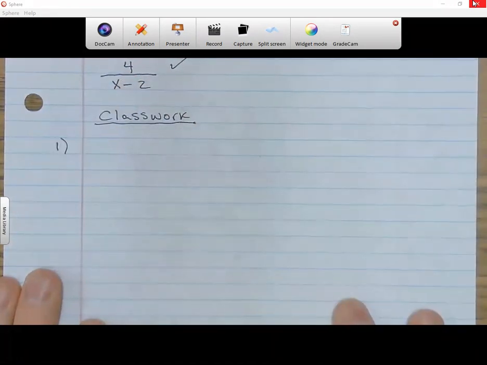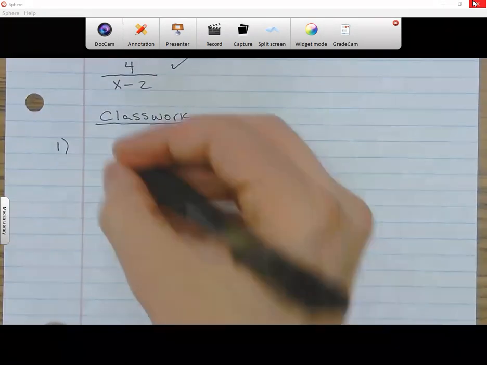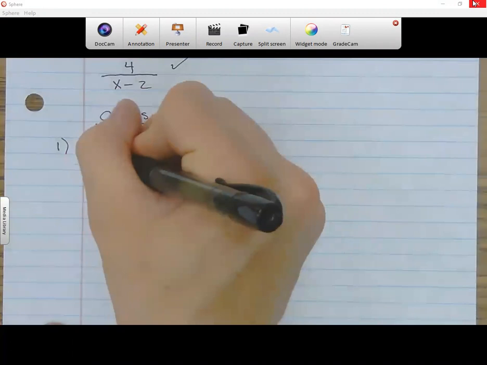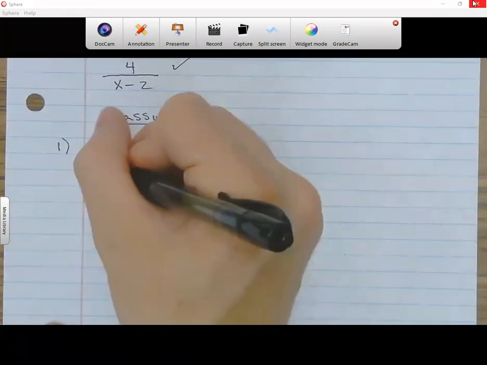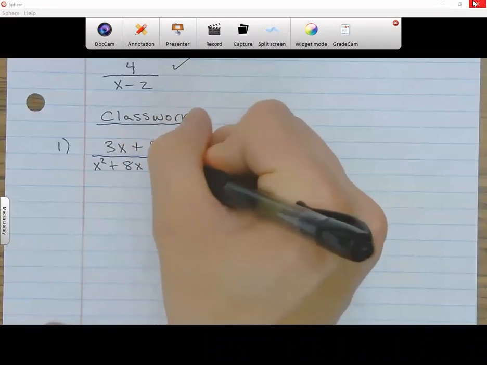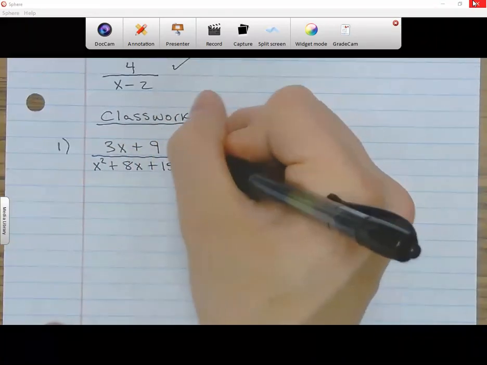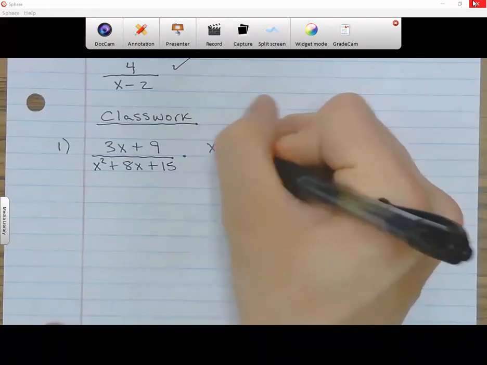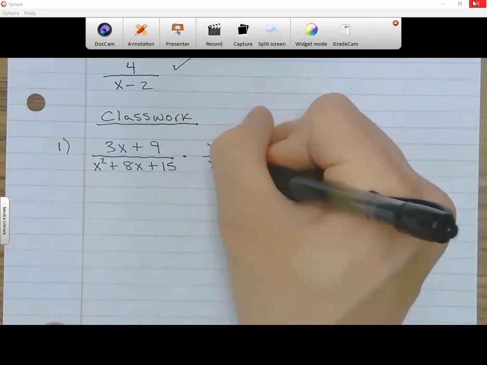Okay, so number 1 says 3x plus 9 over x squared plus 8x plus 15, and we're going to multiply by what? x plus 5 over x minus 4.